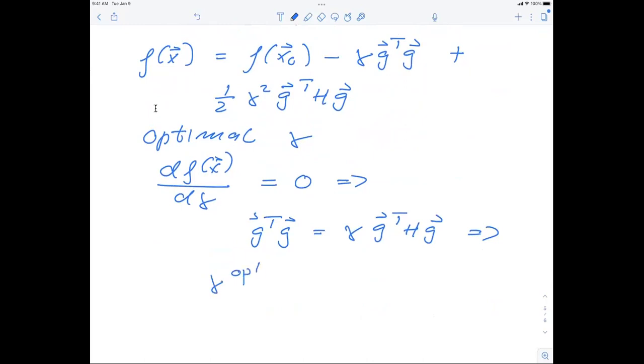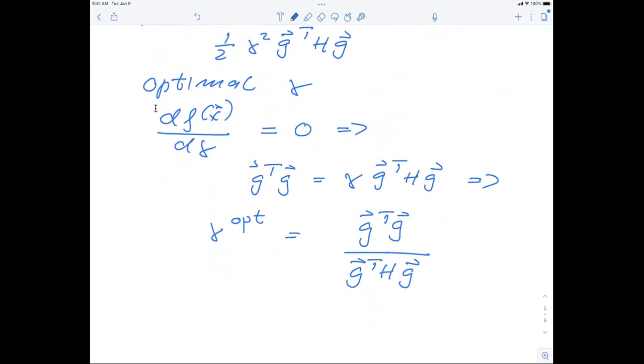Gamma optimal is equal to the vector g transpose times g divided by g transpose times h times g. Now what you see is that this quantity is given by this second derivative matrix multiplied with a vector with a gradient.